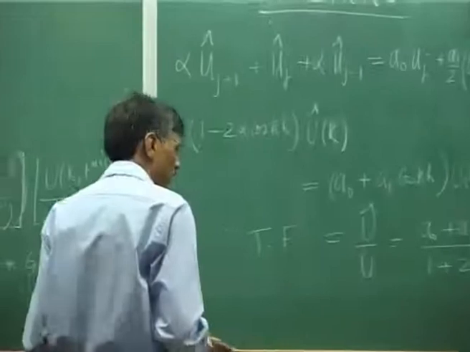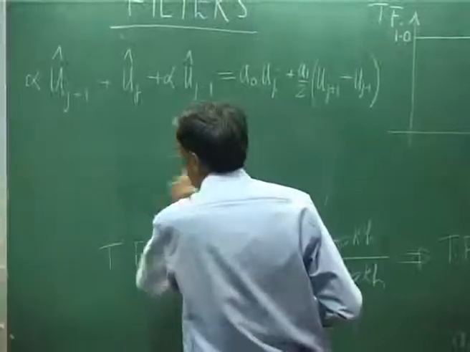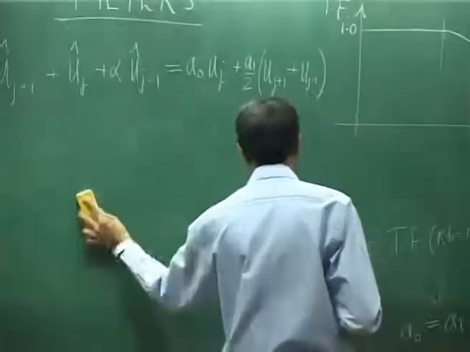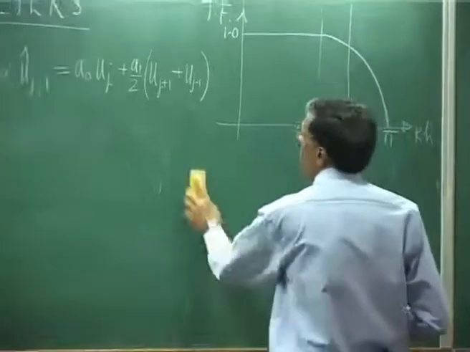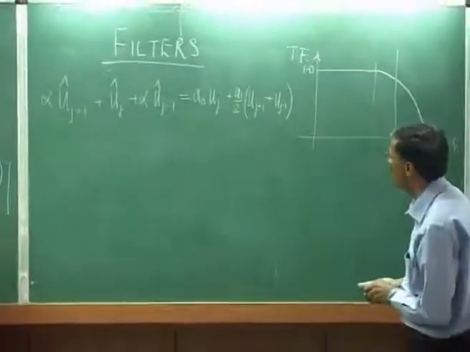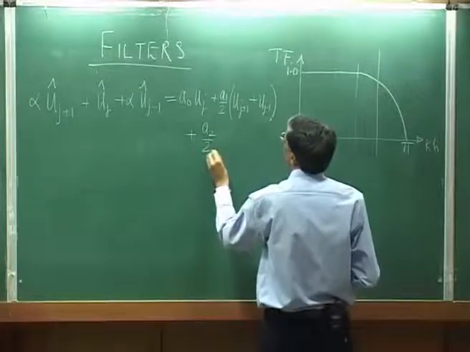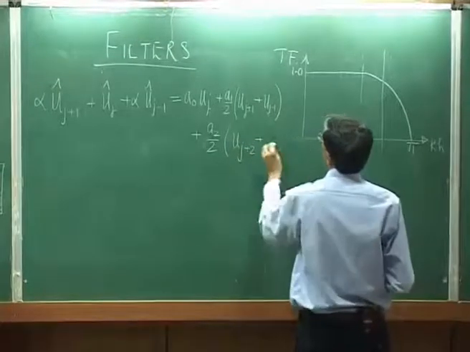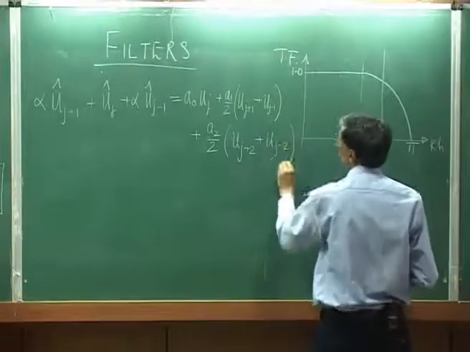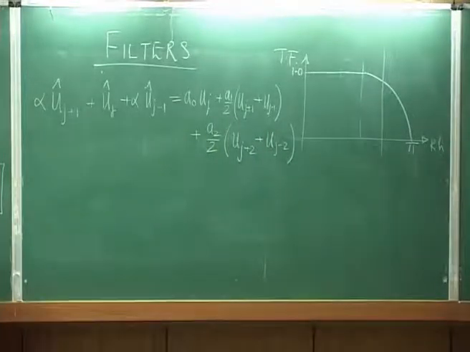Now, what we just talked about is for a second order filter. Suppose we want to look at a higher order filter, what do we do? Well, we keep taking more points on the right hand side, right? For example, if I want to add an additional set of terms, I could write a2 by 2, and then u of j plus 2 plus u of j minus 2. What will that do for us?